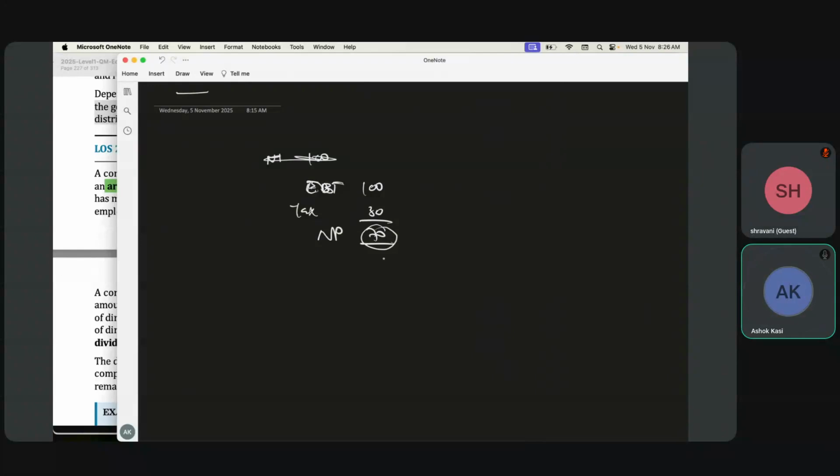You are the only shareholder, and you also fall into the tax bracket of 30 percent. So again you have to pay 30 percent, which comes to 21 rupees gone. So it will be 49, correct? From the 100 that the company earned, finally you are getting 49 only.